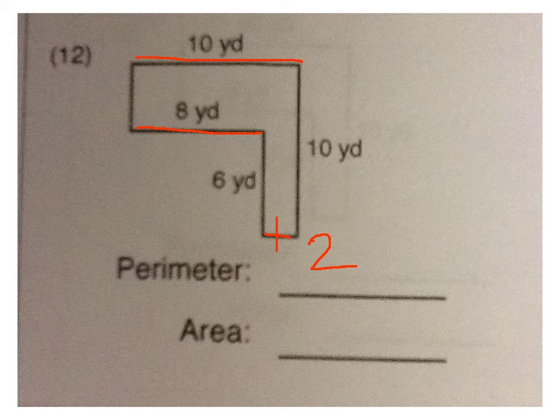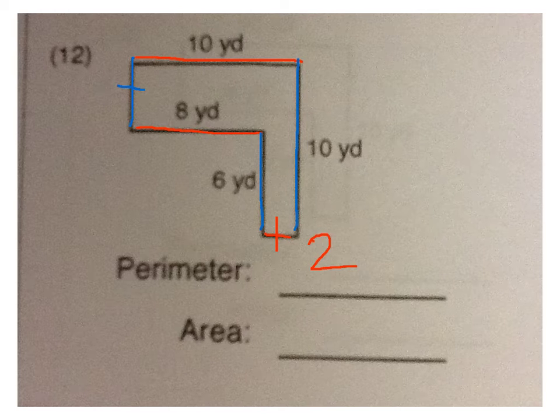Now, we're also going to look at the vertical pieces. Well, we know that this right here is 10. That's given to us. This right here is 6 yards. That's given to us. So right over here is our missing part.